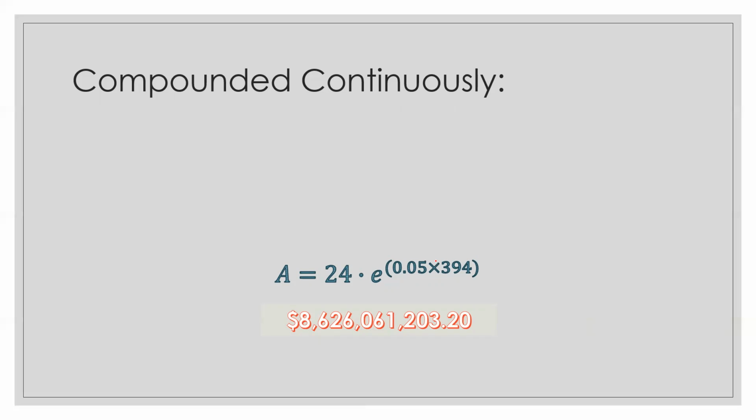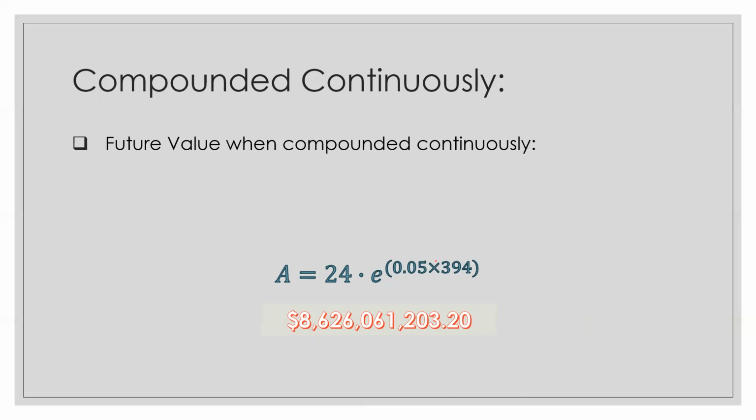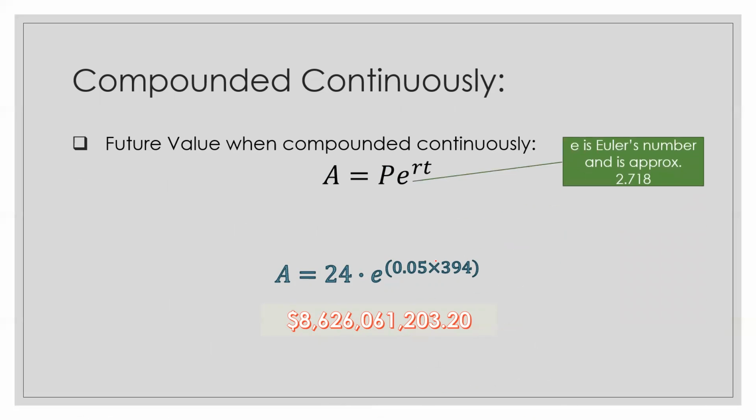But if you do this continuously, like you never stop, there's no time in between, the future value A is equal to P, the principal, multiplied by e raised to the rt, where e is what we call the Euler number and is approximately 2.7.